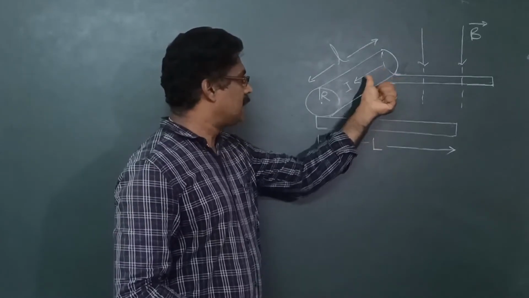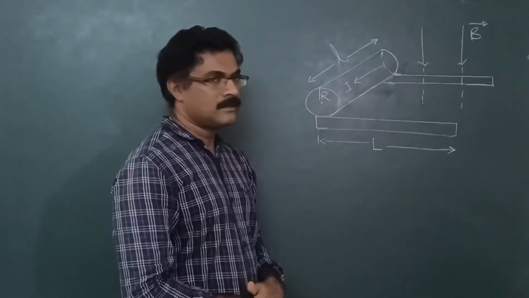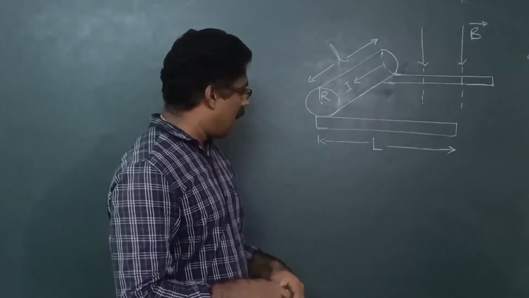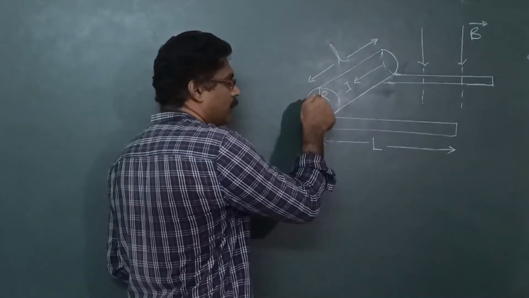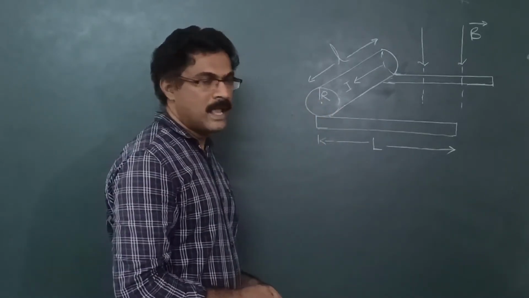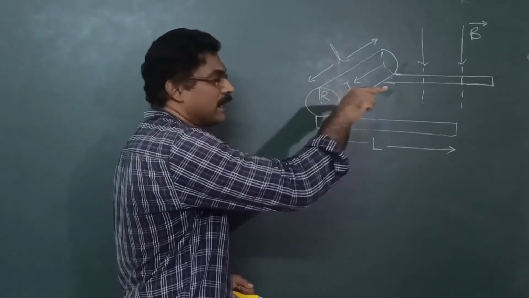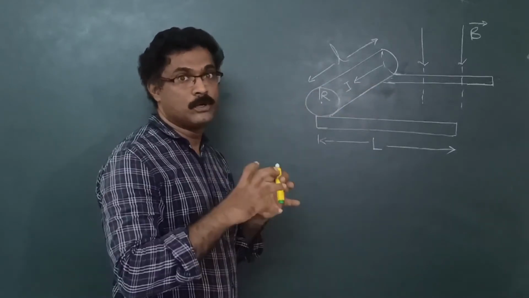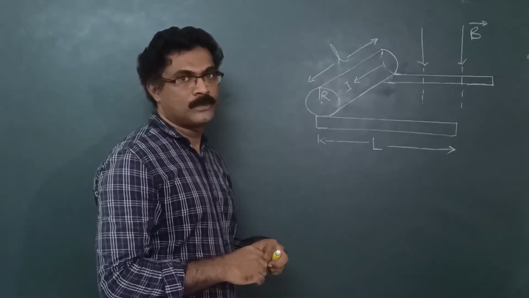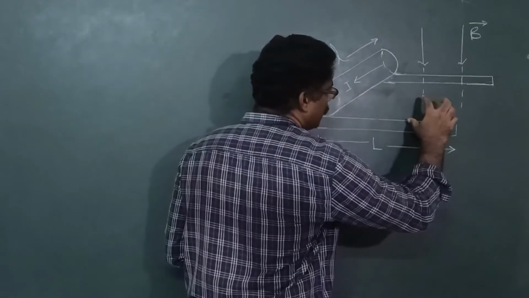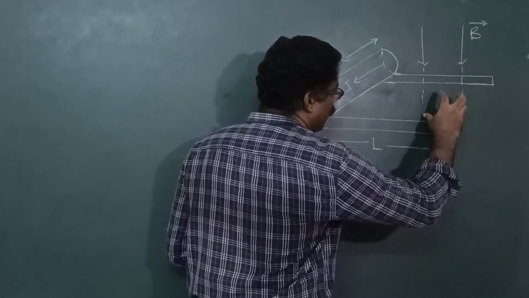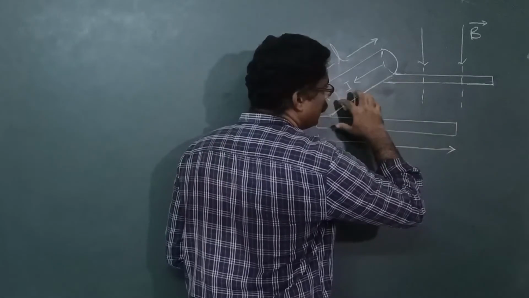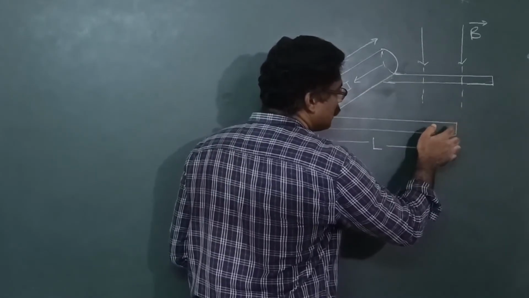And this rod carries a current in this direction. Okay, and it is starting from rest and it is rolling without slipping, that is pure rolling. You want to find what is the speed of the rod when it leaves this rail.